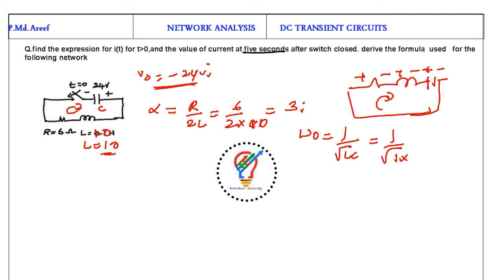So we get 2.236. As alpha is greater than omega naught, which case is it? It is the overdamped case.